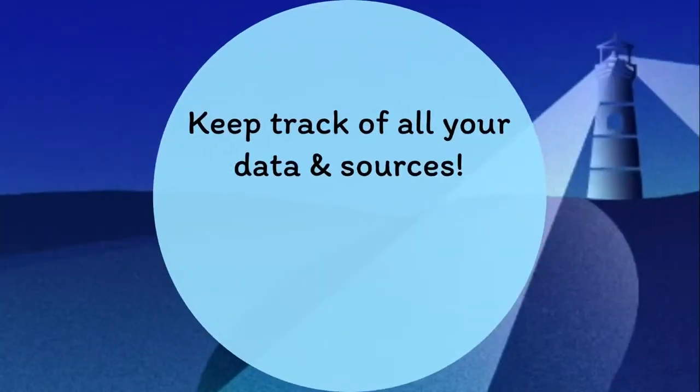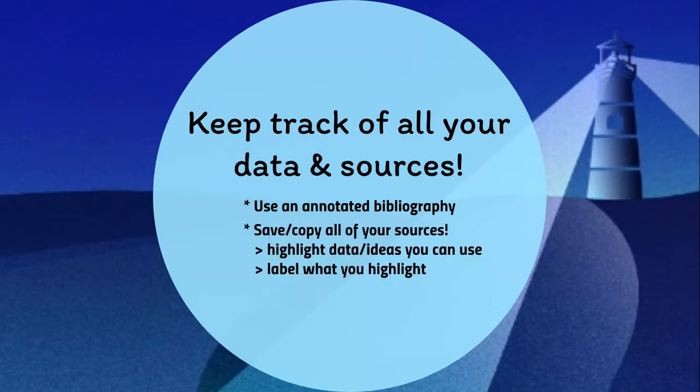All right, now, as you're doing your research, even if you're not sure if you can use it, keep track of all your data and your sources. Use that annotated bibliography, remember, because it's going to tell you what's in that source, what kind of information it has. And also, you'll already have your source citation. Okay, save a copy of all of your sources, okay?